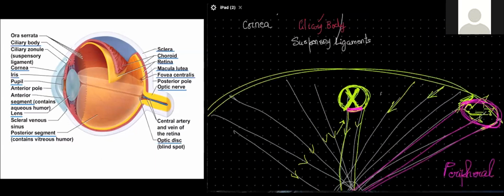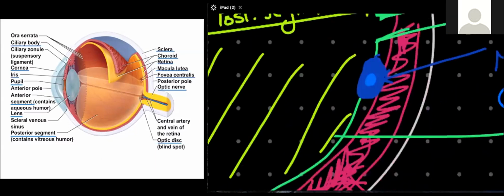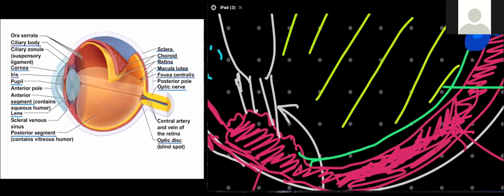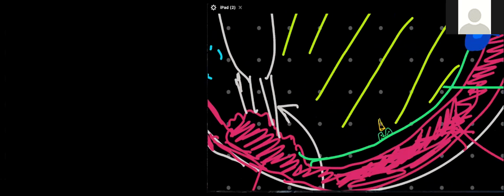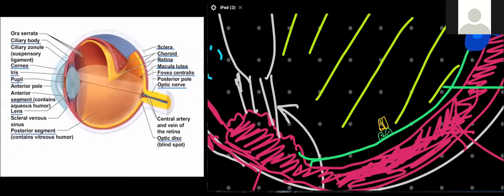So if I'm trying to draw the different layers of the retina in here, so you've got pigmented cells, then you've got your photoreceptors, either rods or cones. And remember, those photoreceptors will be conducting the signals to nerve cells that did have two processes.